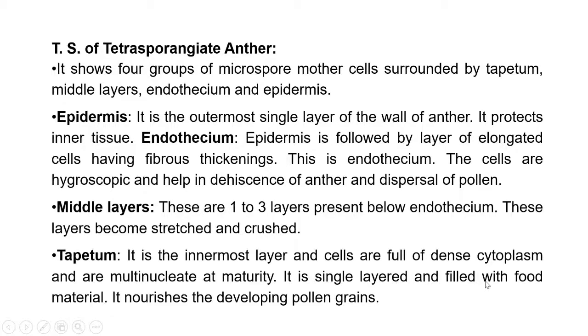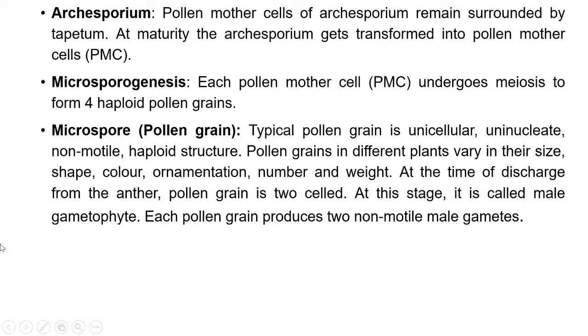It is single layered and filled with food material. It nourishes the developing pollen grains. Archesporium. Pollen mother cells of archesporium remain surrounded by the tapetum. At maturity, the archesporial cells get transformed into pollen mother cells or microspore mother cells.